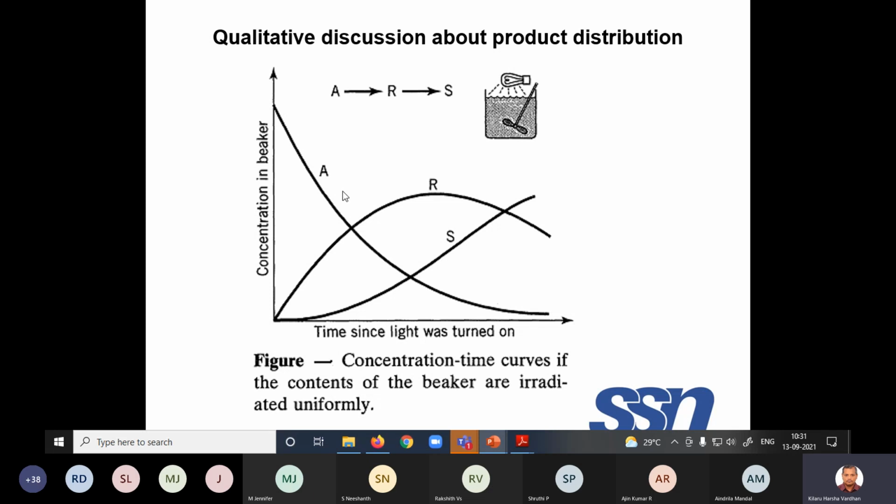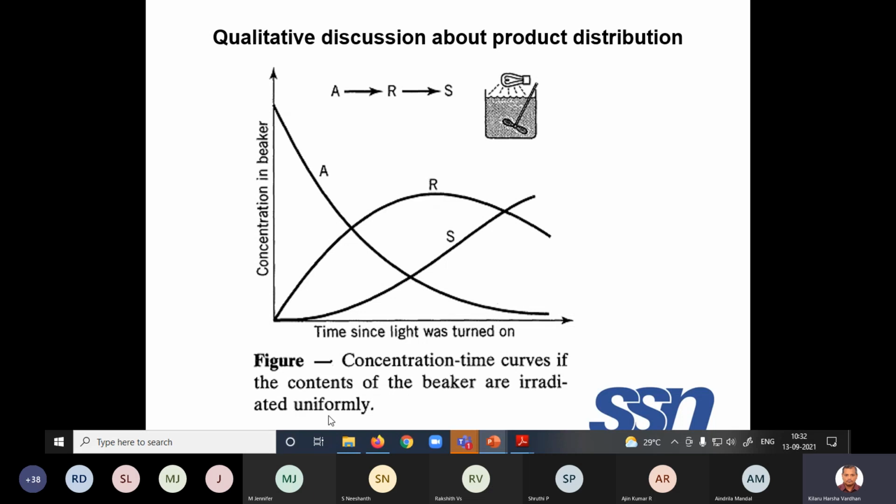So the A concentration is going down, the S concentration is increasing, and the R concentration goes on increasing up to a point, then starts to decrease. When R starts to decrease, the concentration of S keeps increasing, because R disappears to give you S. These are the concentration-time diagrams.